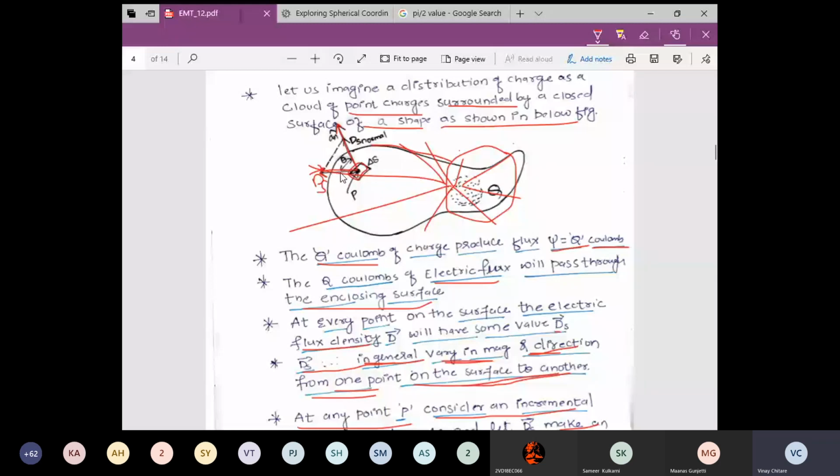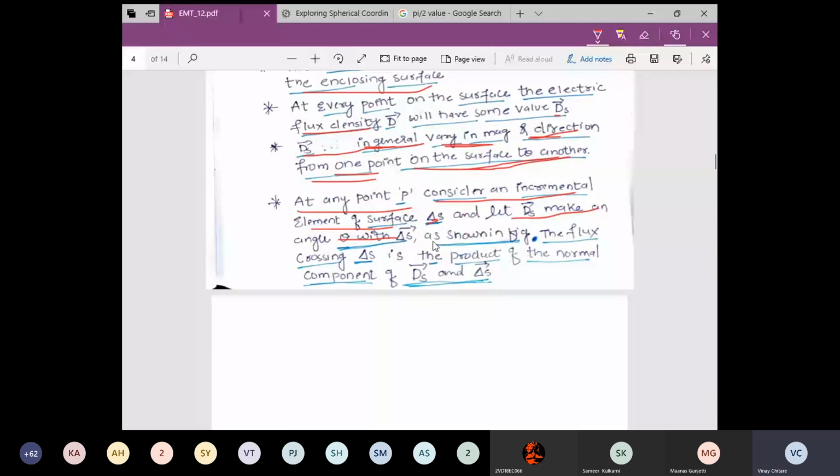This flux density makes an angle theta with this normal, as shown in the figure above. Now the flux crossing delta S is the product of the normal component of D and delta S.